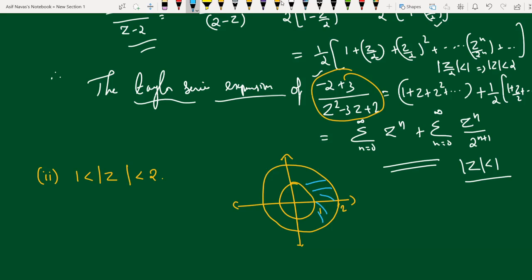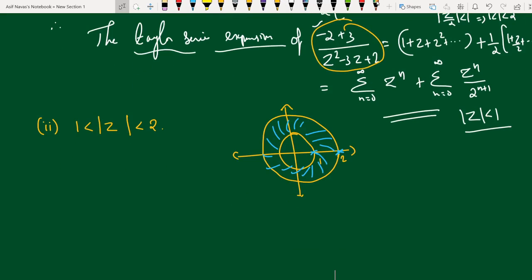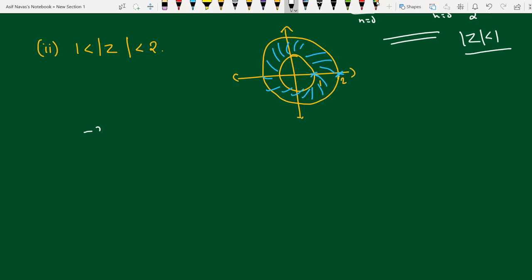Okay. So clearly f of z is analytic here, right? Because the points at which f is not analytic are these 2 points, 1 and 2. Okay. So already we found that minus 2z plus 3 divided by z minus 1 into z minus 2 is equal to minus 1 by z minus 1 plus minus 1 by z minus 2.